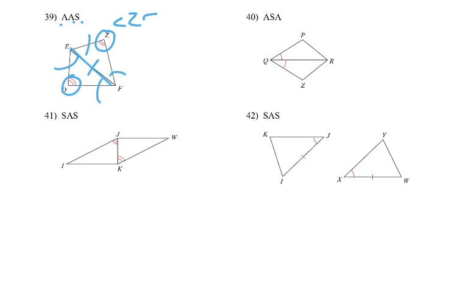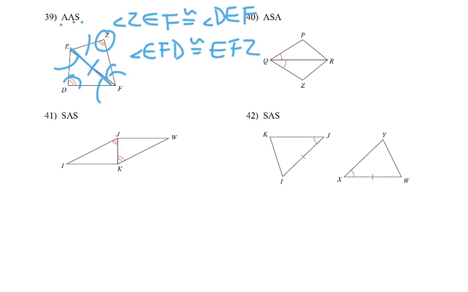So angle ZEF would be with angle DEF, or wait, no, EFD with angle EFZ. Either one side of those angles would work, and remember, when we have it connected like that and we have multiple angles, we have to go with the opposite one.